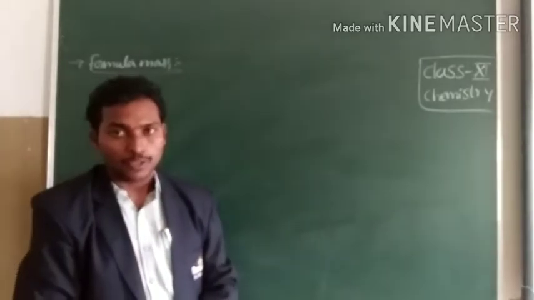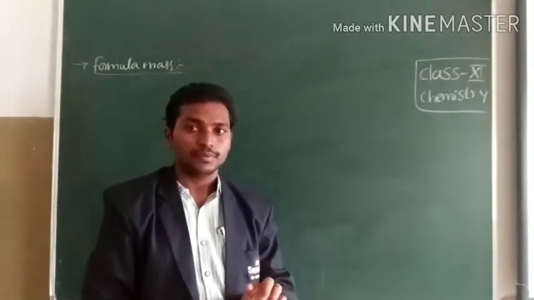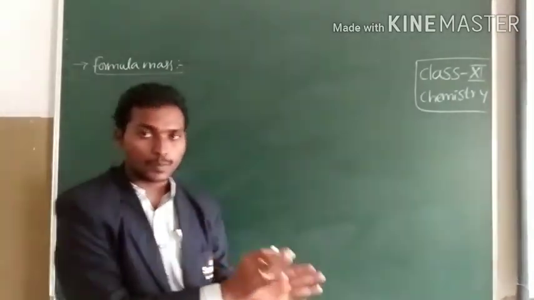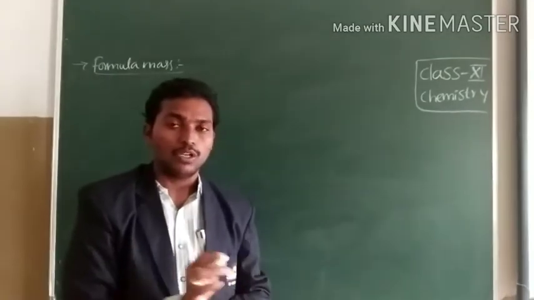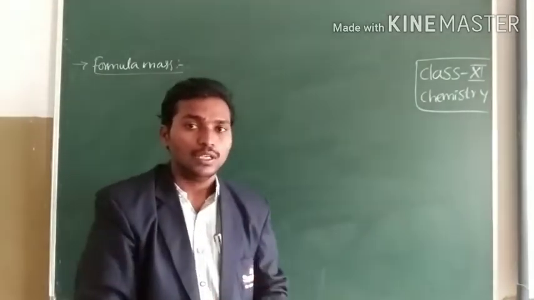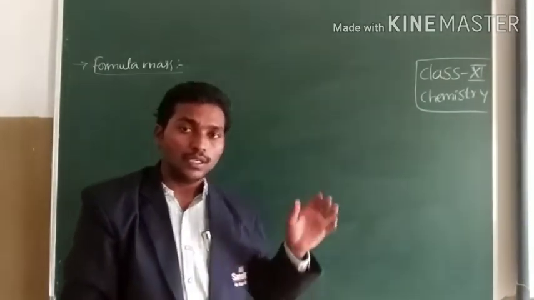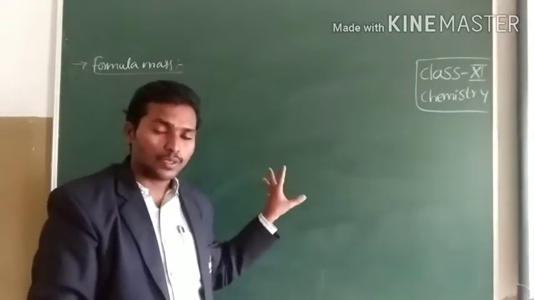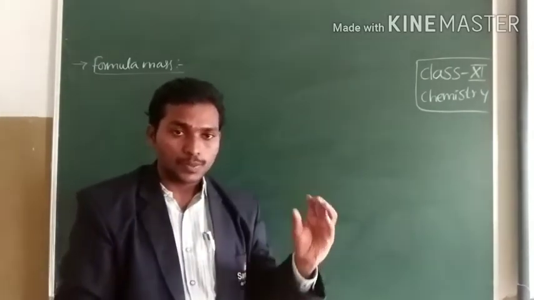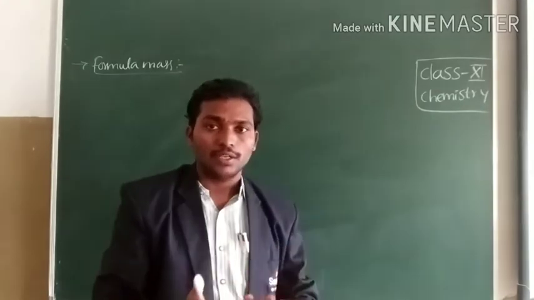Let's see what is meant by formula mass or formula unit mass. Remember children, atomic mass is applicable to atoms. Molecular mass is applicable to molecular compounds. But this formula unit mass is specifically applicable to ionic compounds.